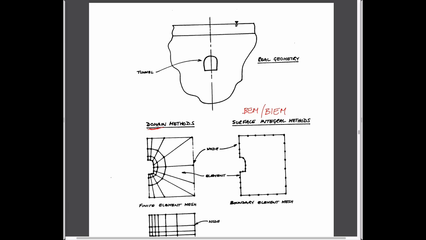So domain methods are things like finite difference methods or finite element methods, which are the top ones, finite difference methods, which are the bottom ones, typically on a much more regular grid, and finite element methods on an unstructured grid. But both of these methods have the same outcome in that they completely fill the volume of the domain that you're interested in to define.